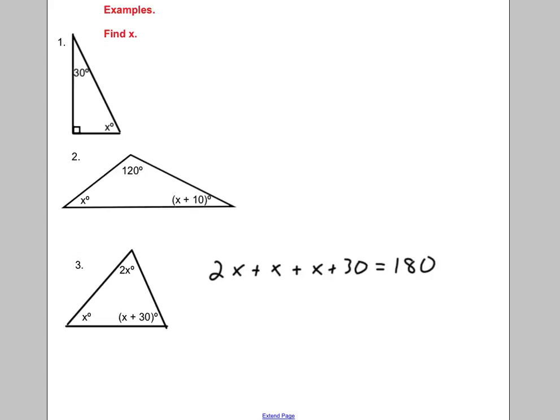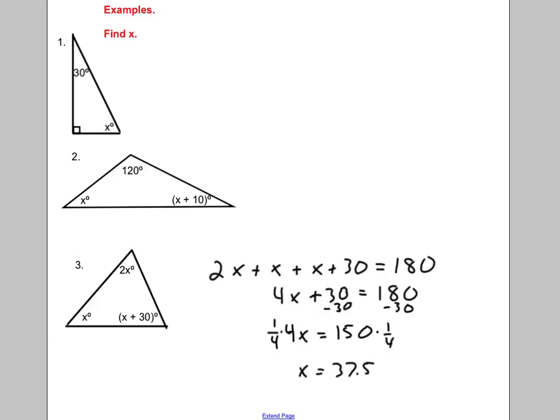For number 3, we do the same thing. 2x plus x plus 30 equals 180. I don't actually need those parentheses because we're just adding, and order doesn't matter when we add. Combining like terms, 4x plus 30 equals 180. 4x is 150.